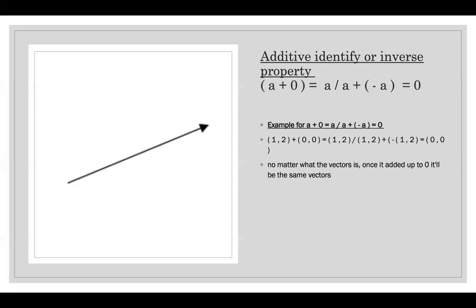So no matter which vector goes first, or where the position of the vector is, you'll get the same answer. You'll get the same vector because any number or vector plus 0 gives the same thing. And for the inverse, a vector minus its own vector will give 0.